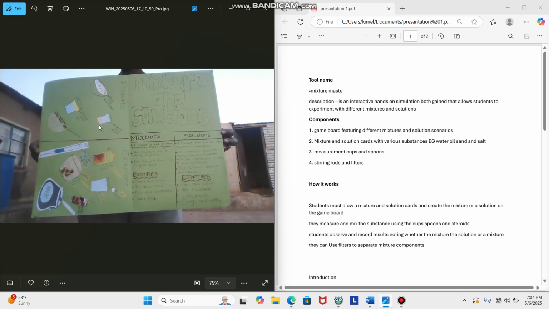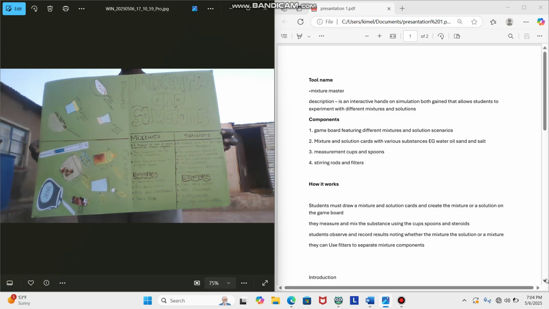The components of this design are a game board featuring different mixture and solution scenarios; mixture and solution cards with various substances, e.g. water, oil, and salt; measurement tools like cups and spoons; and lastly, stirring rods and filters.